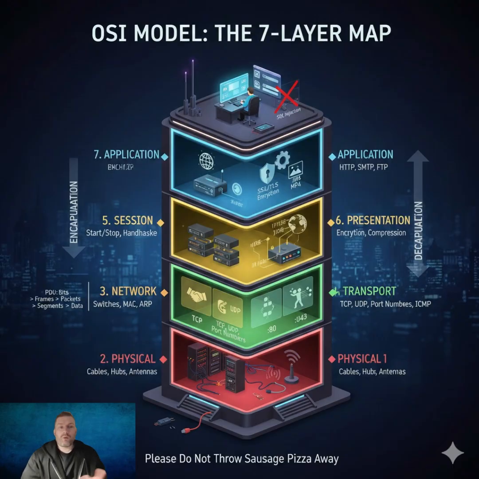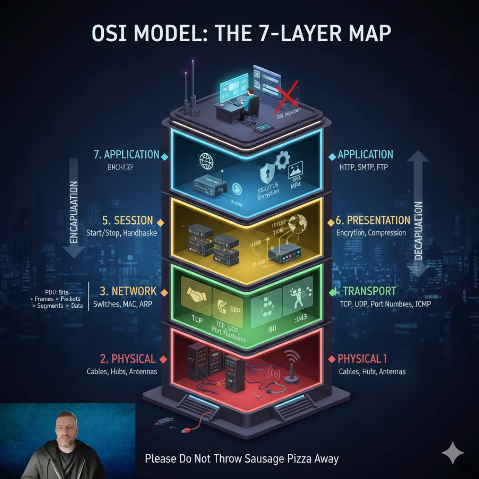Listen, if you want to be a top tier SOC analyst or a penetration tester, you can't just wing it. You need a map. In the networking world, that map is the OSI model. Now I know it sounds like a dry topic.